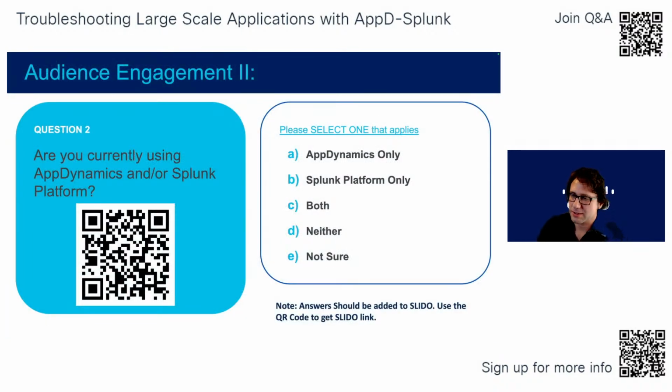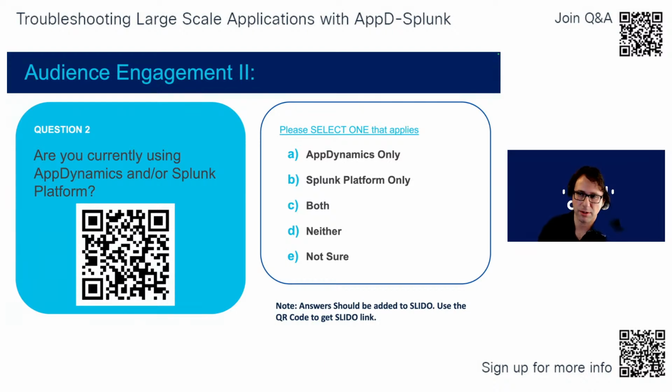So let's take another pause here and go over our next question. Before I jump into how they blend, I just want to get a good feel of where you guys are currently situated with Cisco products.